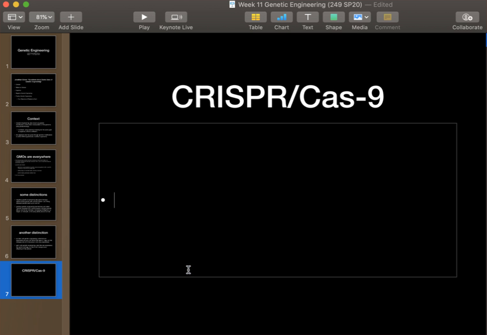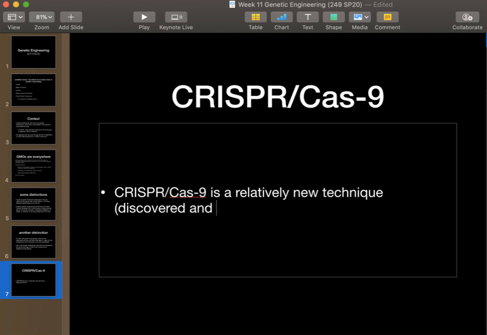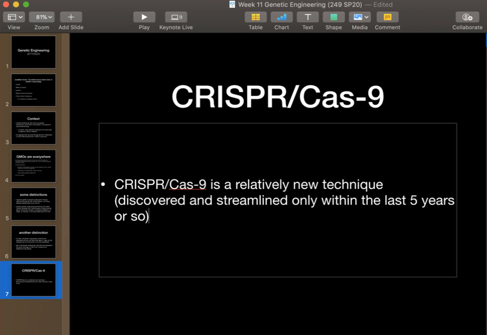CRISPR Cas9 is a relatively new technique, kind of discovered and kind of streamlined only within the last 5 years or so, for gene editing, not game, gene editing.